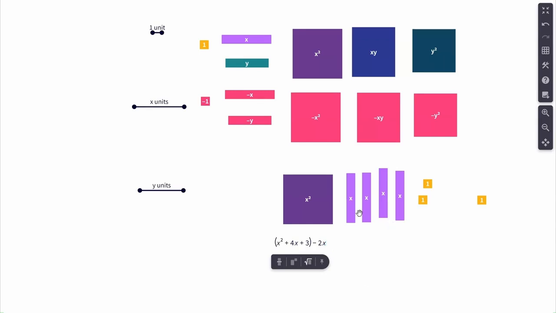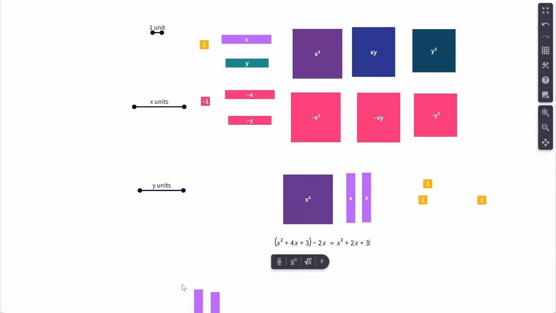So if I want to subtract 2x, I'm going to set up my x squared plus 4x plus 3, and I'm going to just take 2 of the x's and take them away. So now what I have left is an x squared and 2 x's plus 3 right in this group. So I can think of subtraction just as taking away.